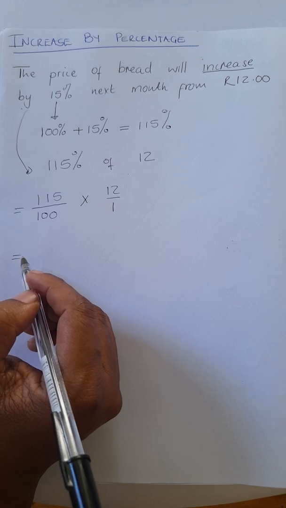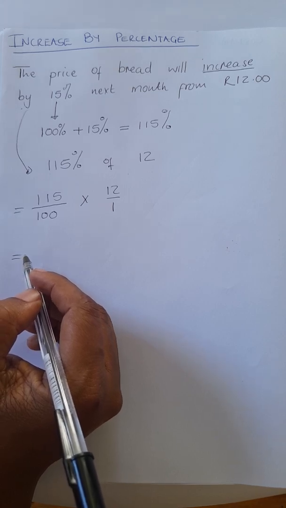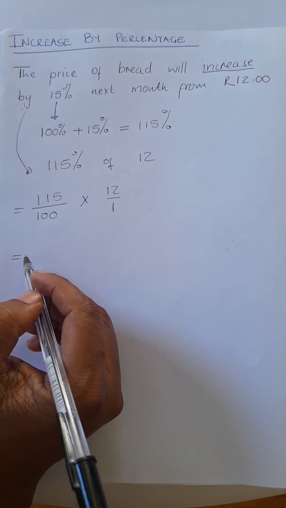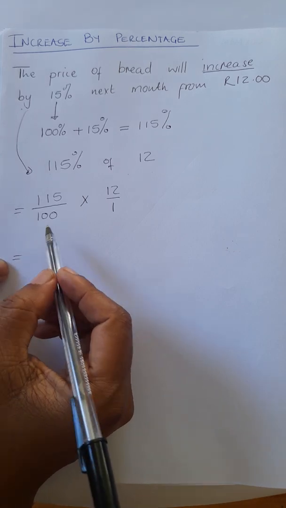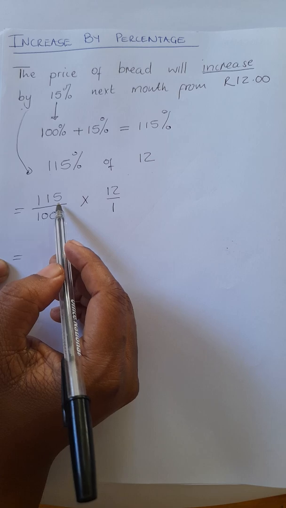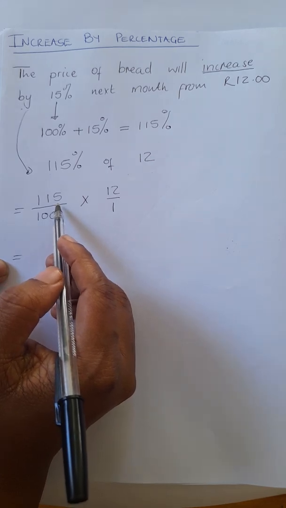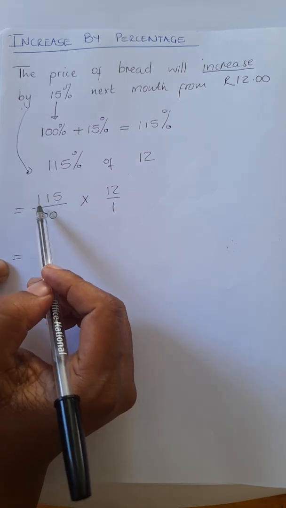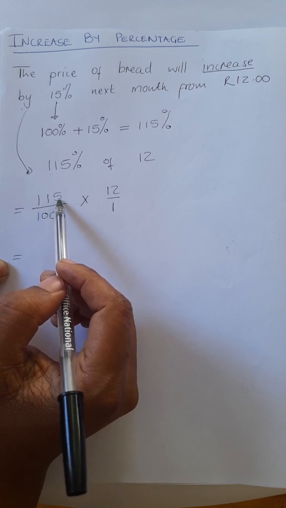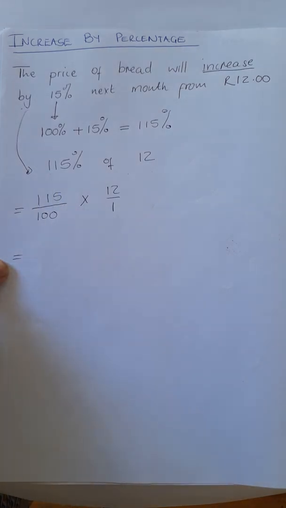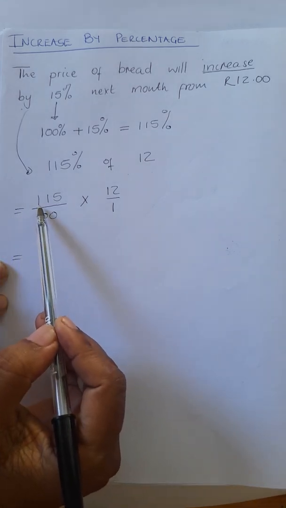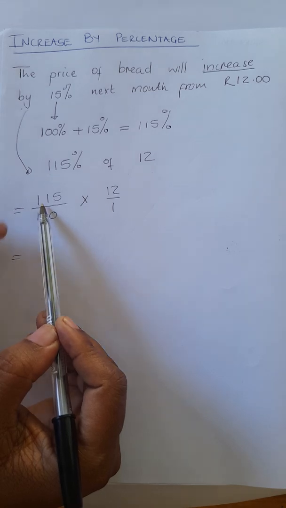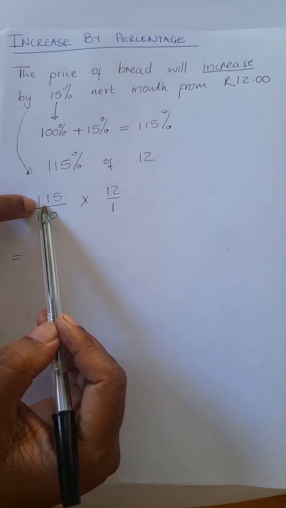We need to break 115 into the product of prime factors. What number can go into 115?